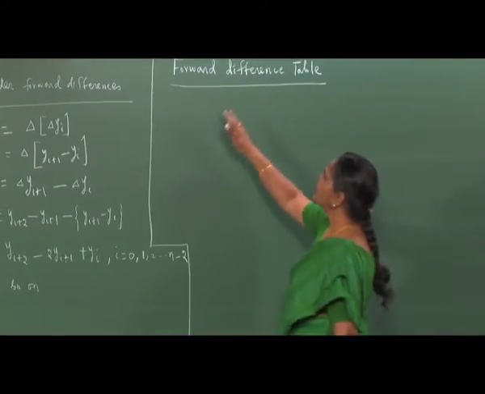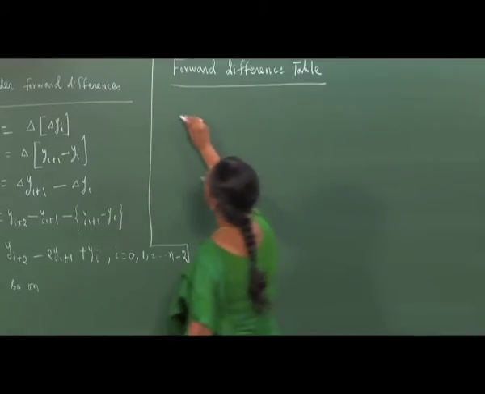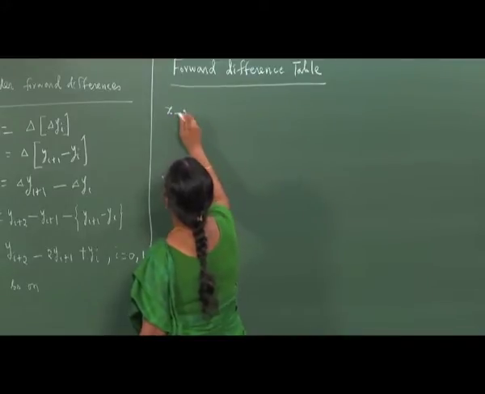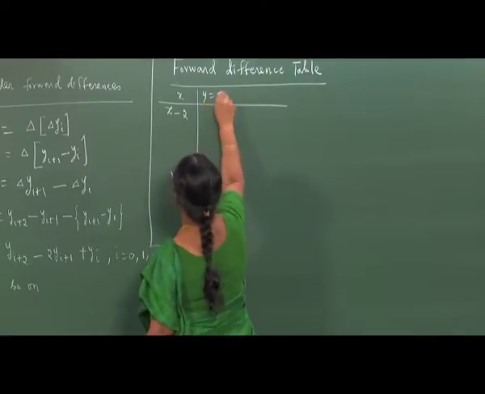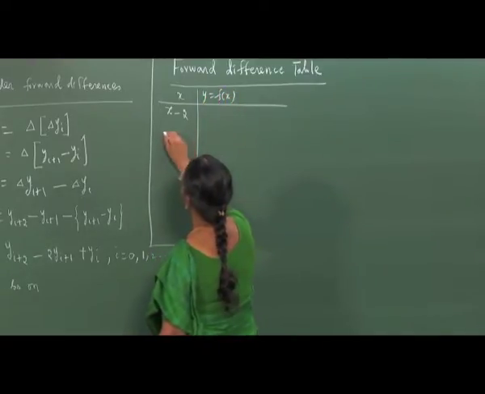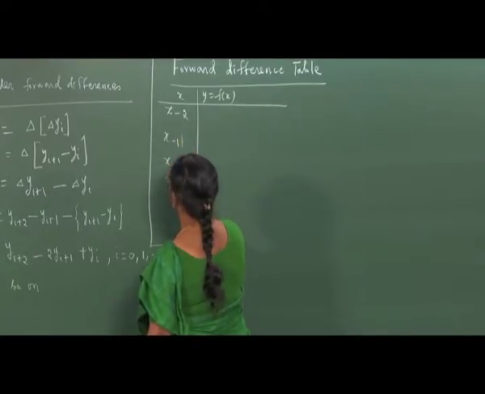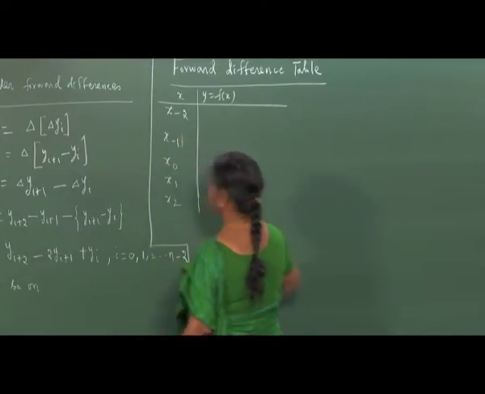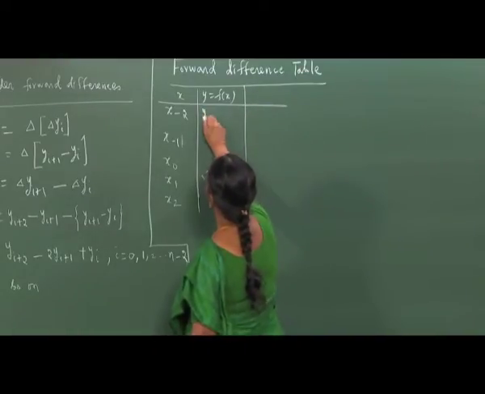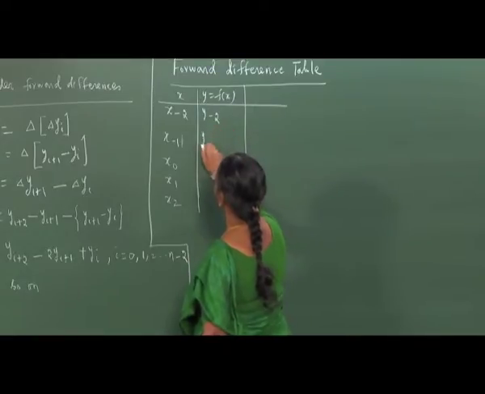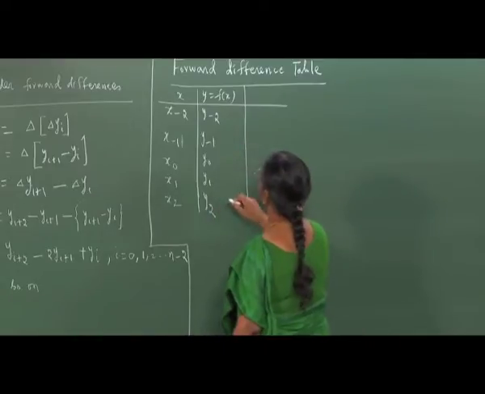So, we would like to see how we can form a forward difference table. So, let us be given the values of x and the corresponding values of y at a set of points say x minus 2, x minus 1, x naught, x1, x2. The corresponding values of y are denoted by y minus 2, y minus 1, y naught, y1, y2.